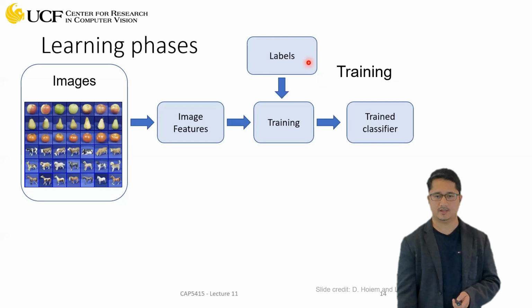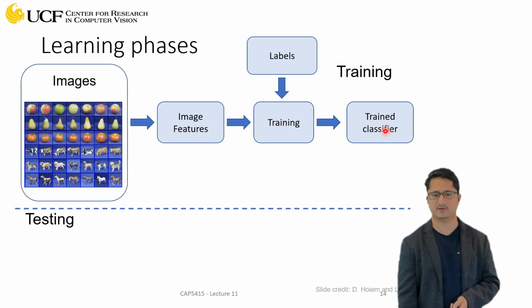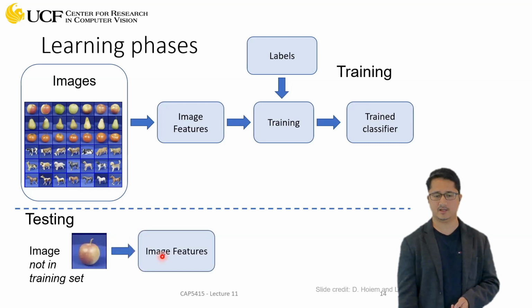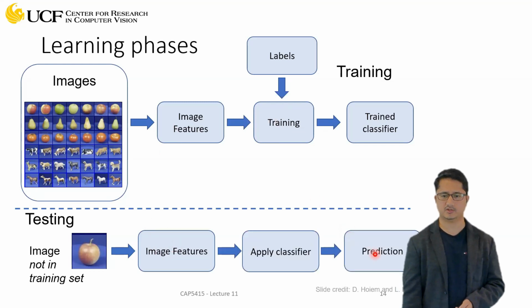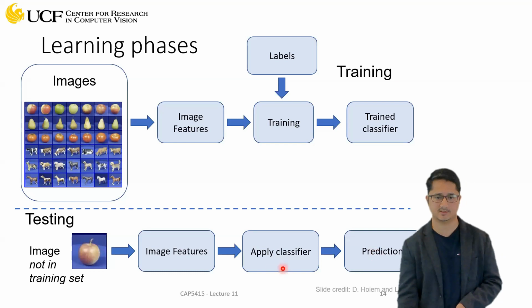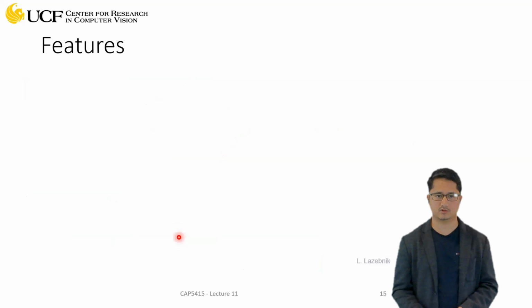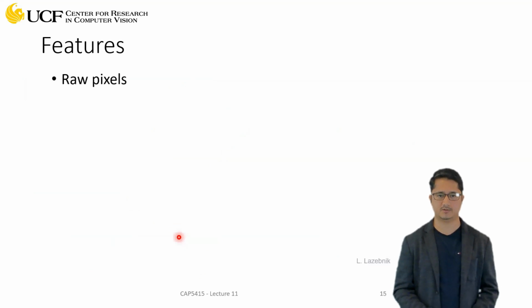And at the end of this, you will get a trained classifier, which you will run on your testing images. And again, for testing images, you will use the same feature extraction steps, and you will use the trained model to make the final prediction. And of course, you will have labels for these testing samples, and you can evaluate how good your model is doing. So that's the overall training process which you have to take.